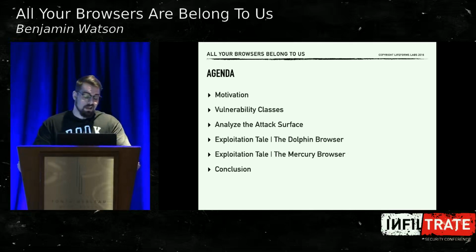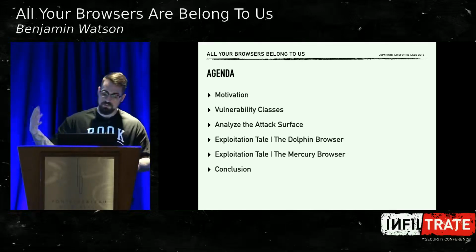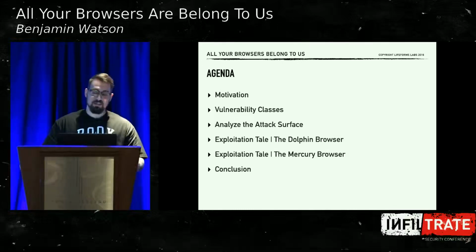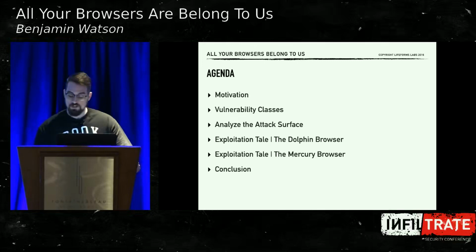We'll look at how to analyze the attack surface of a given Android web browser, and then we'll go through two exploitation tales. One is for the Dolphin browser, and the other one is for the Mercury browser. I dropped all that stuff late last year, and there have been demos out there, but this is the culmination of all the research and the perfect storm of when you can chain a whole bunch of stuff together and get code execution.